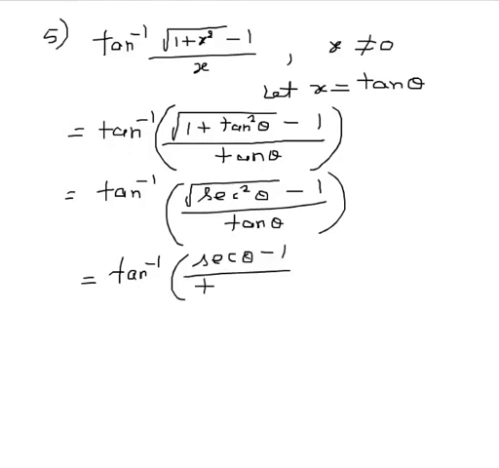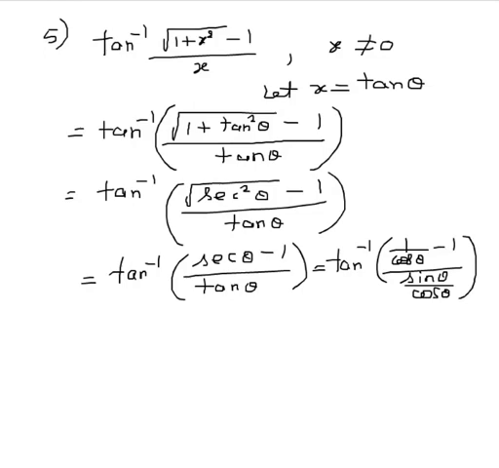Secant theta minus 1 by tan theta. Let us change everything in terms of sine and cos. Secant is 1 by cos theta and tan is sine theta by cos theta. Tan inverse of, I am taking LCM, 1 minus cos theta by sine theta.